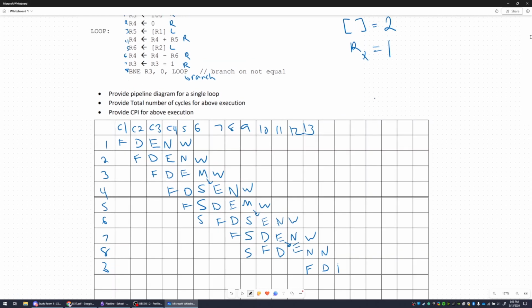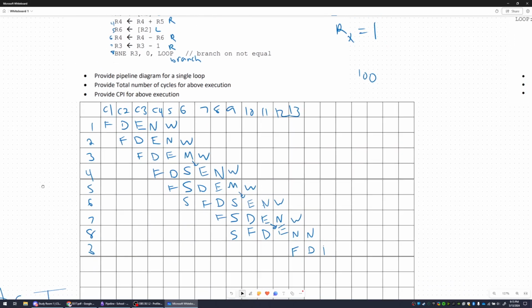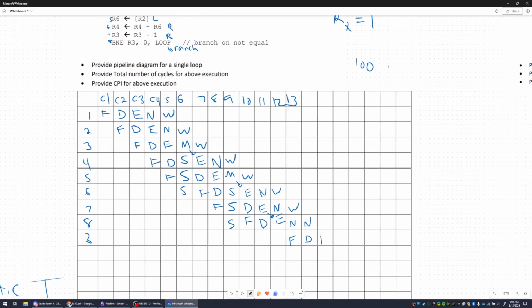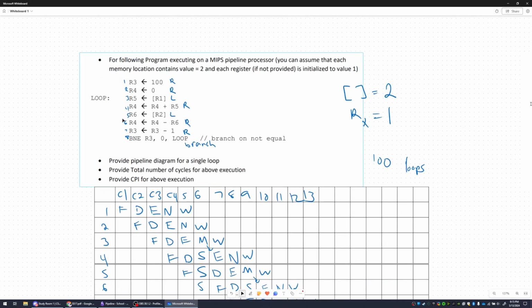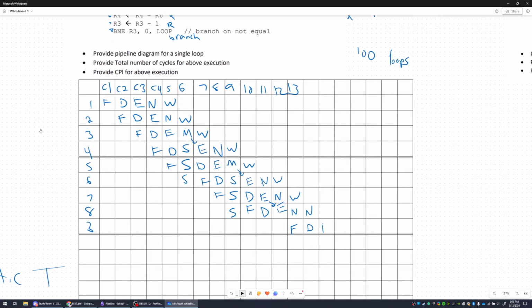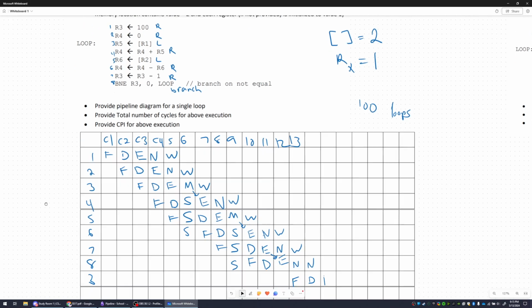So this is like 100 loops of this? Because it's initialized with 100, and then every time R3 is subtracted by 1. So that's 100 loops, right? Between lines 3 and 8.